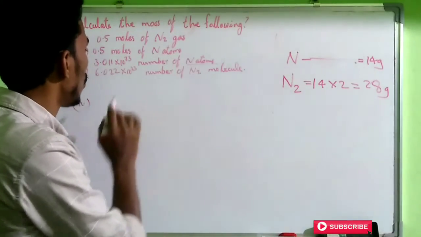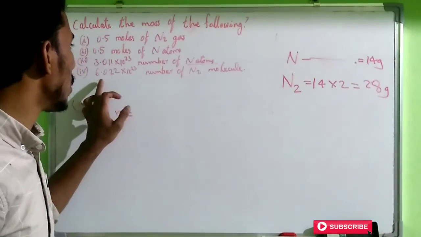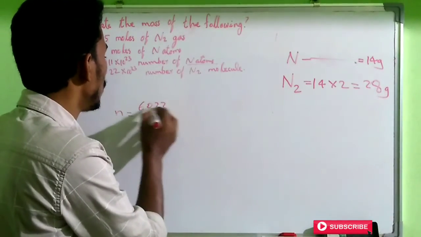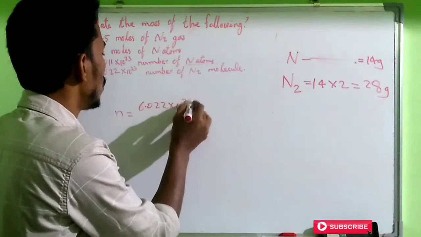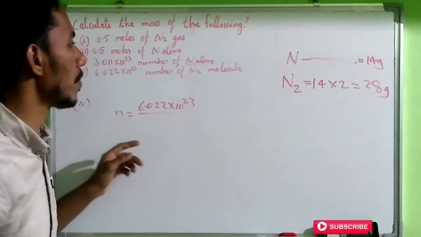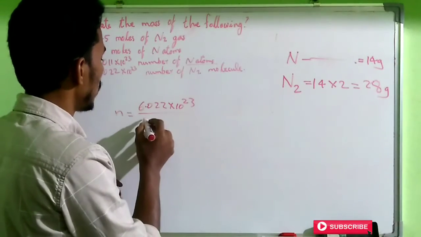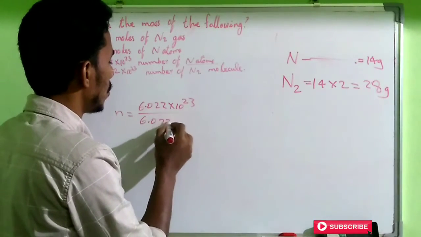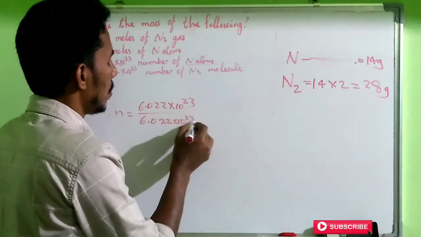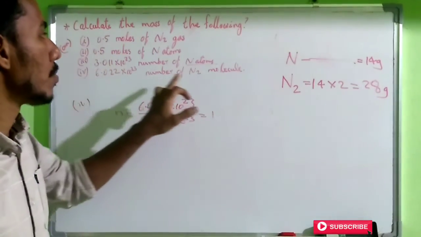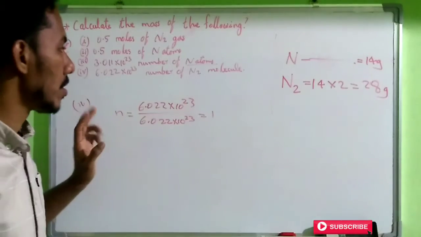Given number 6.022 into 10 raised to 23 divided by Avogadro number. Avogadro number is 6.022 into 10 raised to 23. So the answer is 1. 1 mole of nitrogen molecule is present.